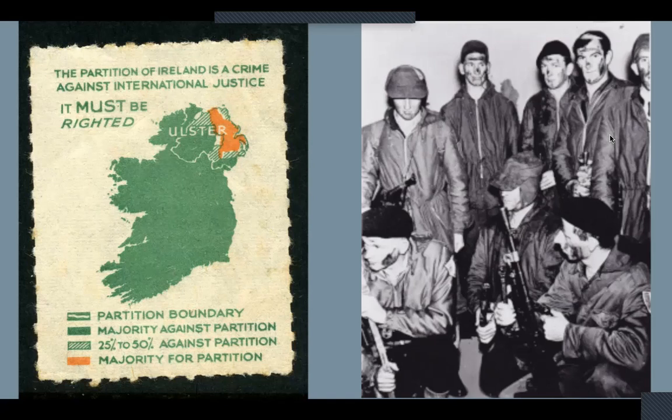So as you can see, they're focusing on the sectarian divide. That's not going to help very much either. And while they're correct that the partition of Ireland is a crime against international justice, and it must be righted, and the border's not doing anybody any good, it's framed in a sense that makes it look as though it's sectarian, and it didn't catch on.